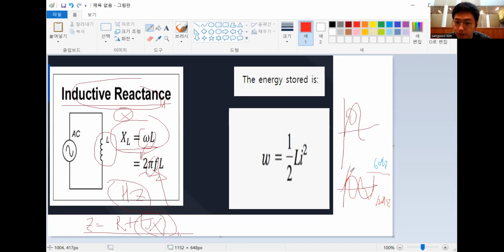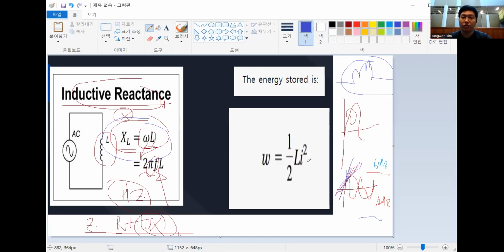The 60 hertz is this one, which I drew first, and the second one, the 120 hertz, is like this, sharper, right? So the higher the frequency, the higher the reactance; they are proportional.